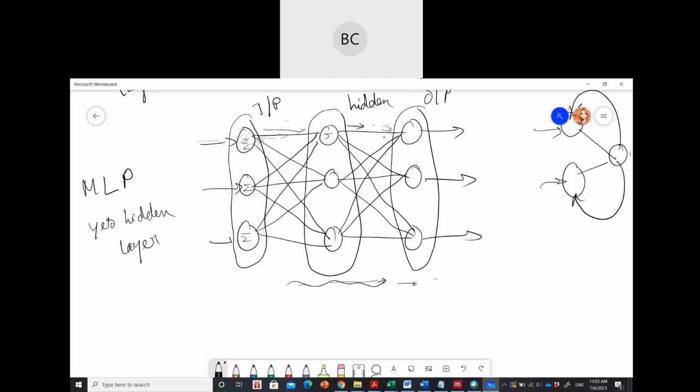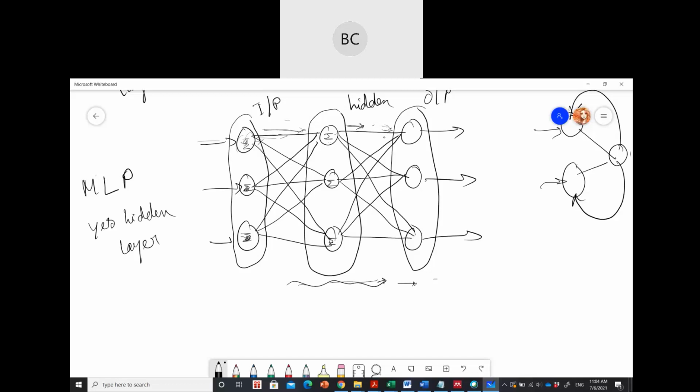Sorry, for the input layer, there will not be any activation function. It's just giving you the raw features. Input means just the raw features. The hidden layer will have an activation function. This is just a single hidden layer. So this will decide which feature should fire a neuron.